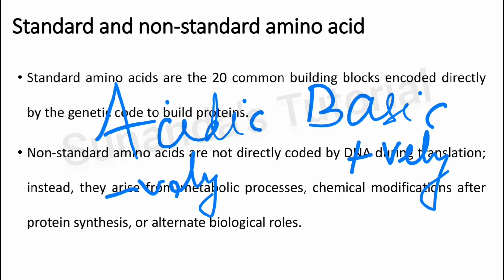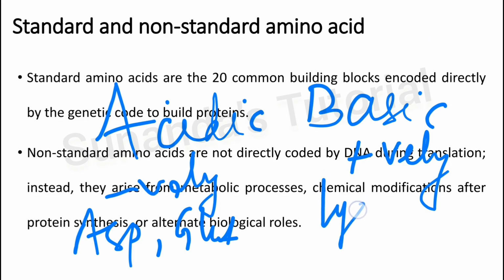The examples are aspartate and glutamate for acidic, and lysine and arginine for basic. Acidic amino acids have side chains with an extra carboxyl group which can lose protons.